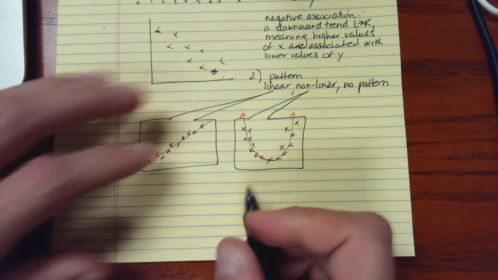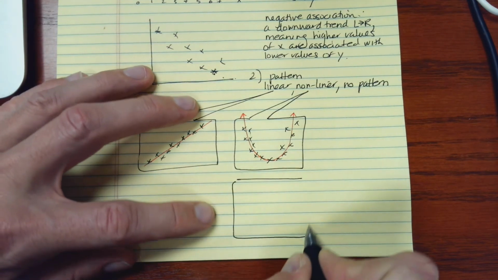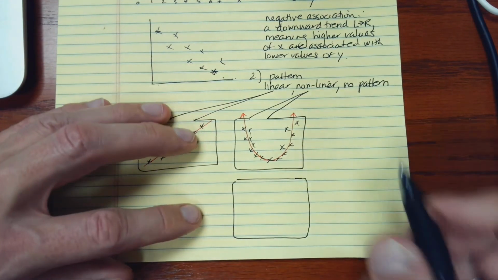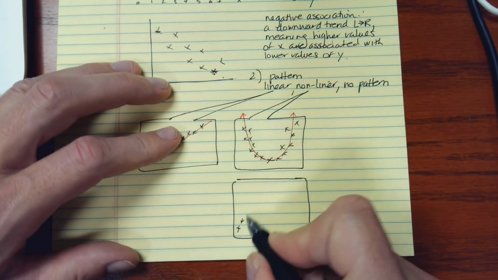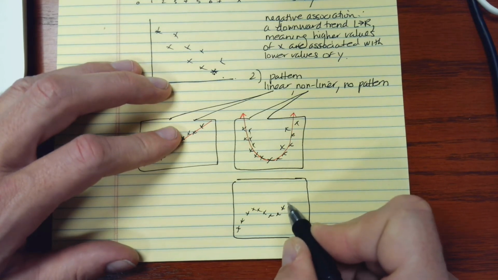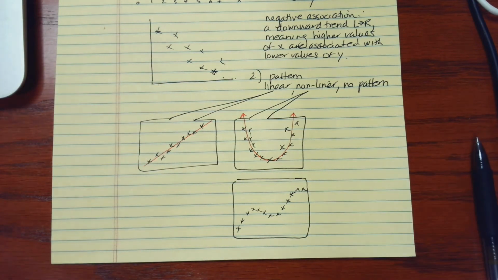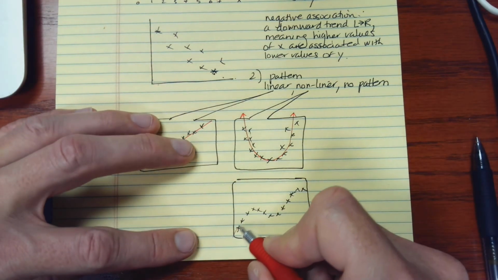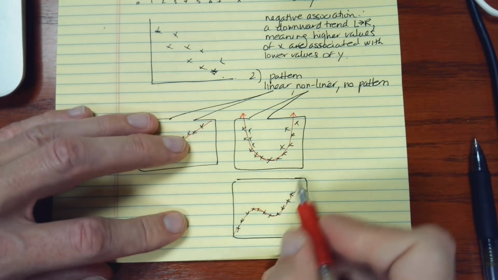By the way, I'll give you one more example of nonlinear that comes up. In particular, if you're looking at something over time, sometimes you'll see a pattern like this, where something seems to rise and fall periodically. So that's definitely a pattern.